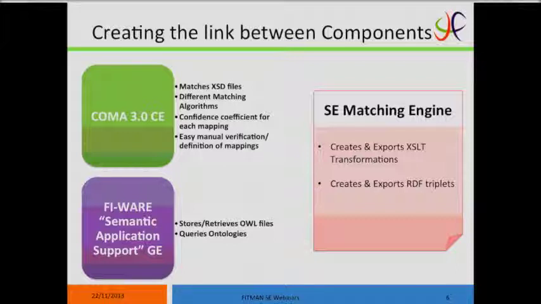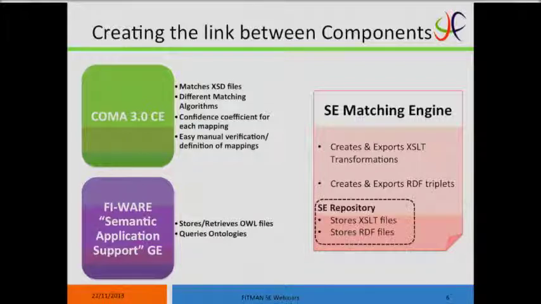We have also done the same for ontologies by creating and exporting the RDF triples, which are later stored in the FIWARE generic enabler to allow cross-ontology querying. And our specific enabler also has a side repository that stores those transformations, which are also forwarded to the FIWARE generic enabler.